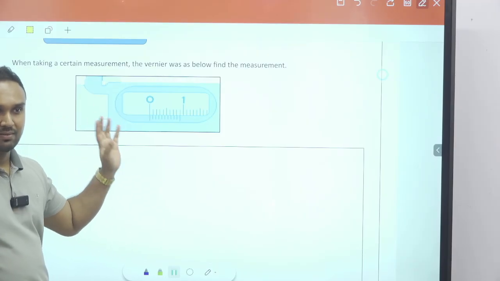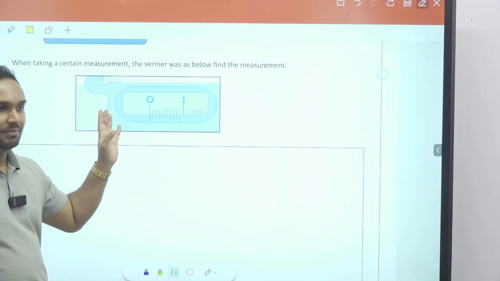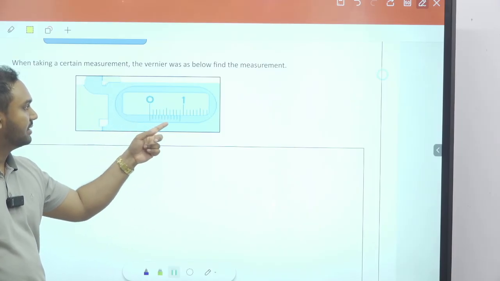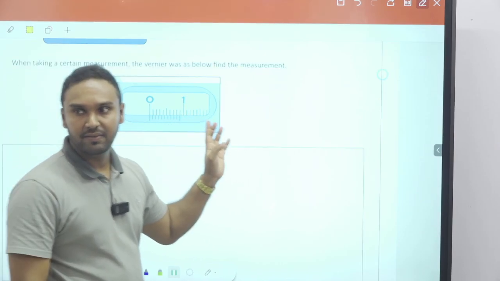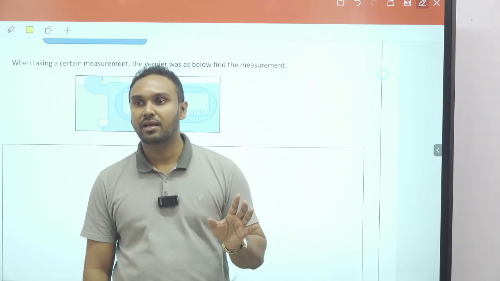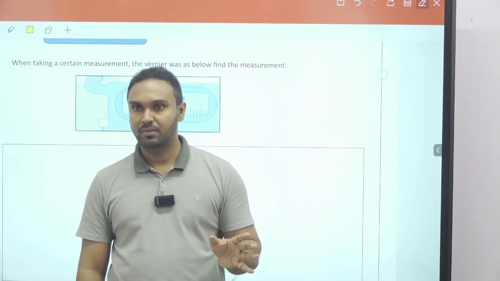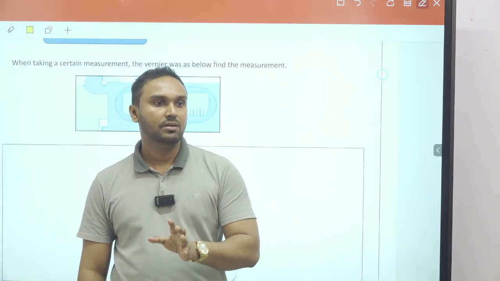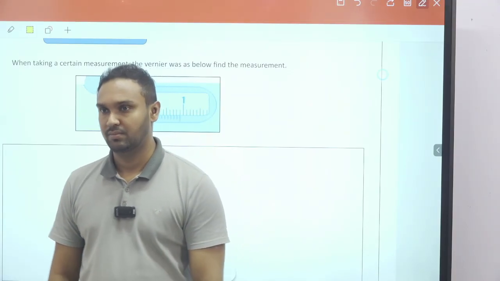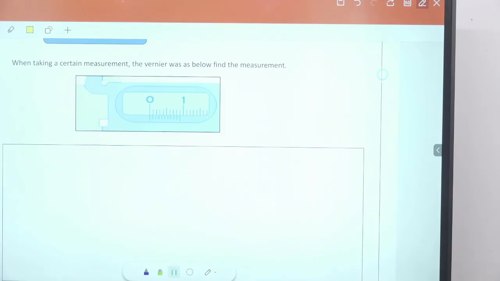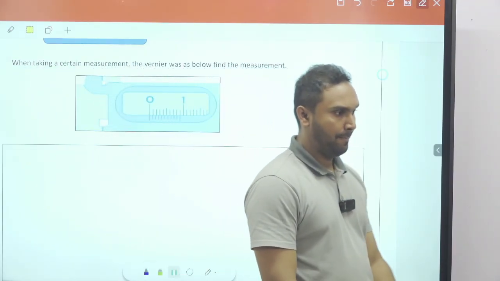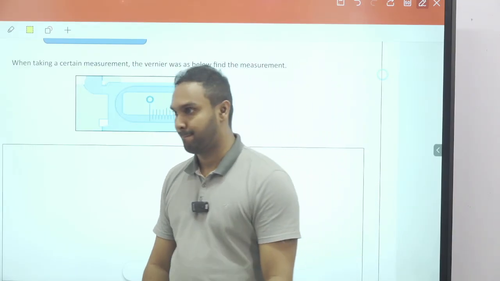Now the main scale value is 0, and which vernier scale line is aligned? The 10th line is aligned. If the 10th line is aligned, always take the 10th line as 0. So 0.1 millimeter into the 0th line. Get it? Okay. Shall we do it fast? Write the formula.